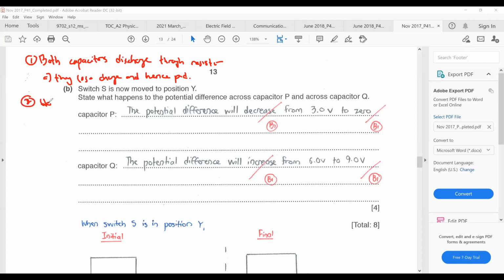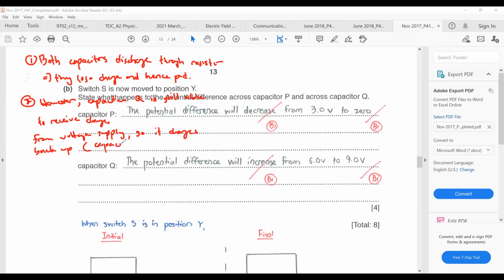However, capacitor Q is still able to receive charge from the voltage supply, so it charges back up.